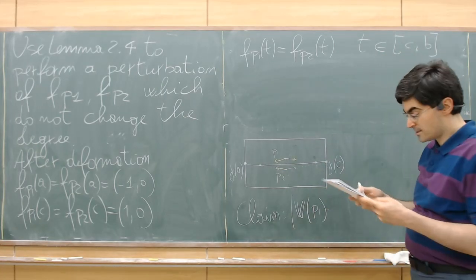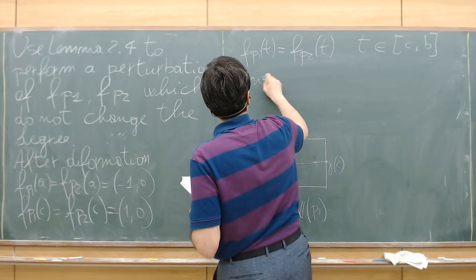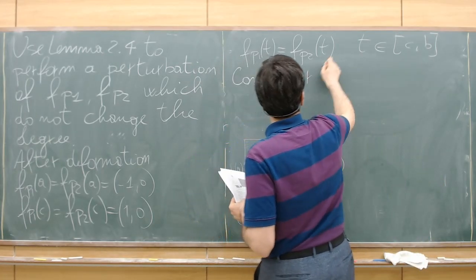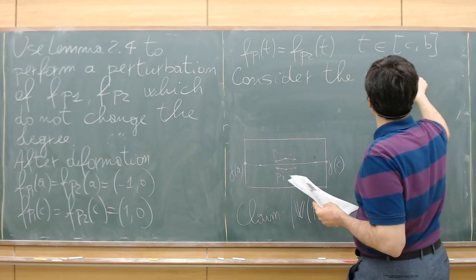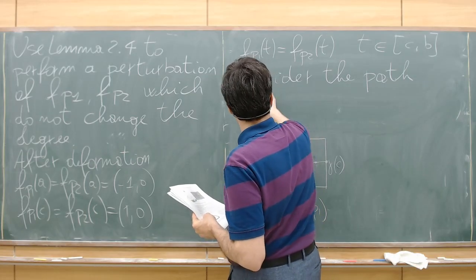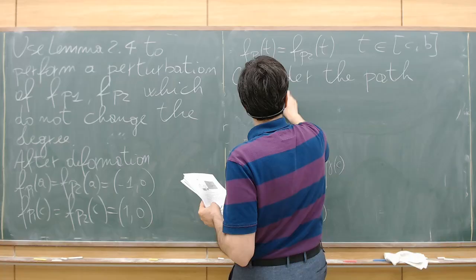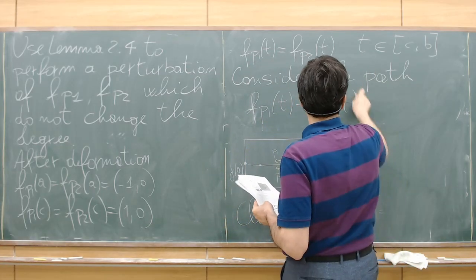Now the idea is to look at the path fp1(t) minus fp2(t).